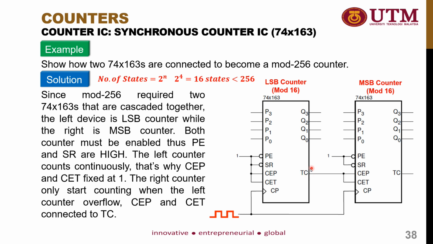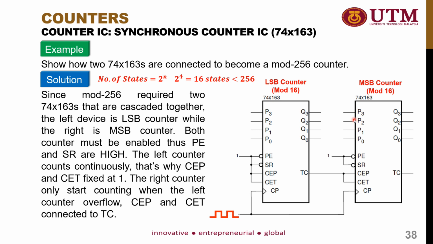TC will become 1, and it will enable the second counter to operate. So when the LSB counter has reached its maximum state, it activates TC, TC activates the second counter, and the second counter starts counting. As usual, we disable the PE and SR because we don't want to reset our counter, and we don't want our counter to start from a custom value.